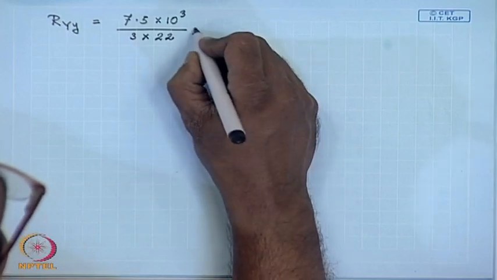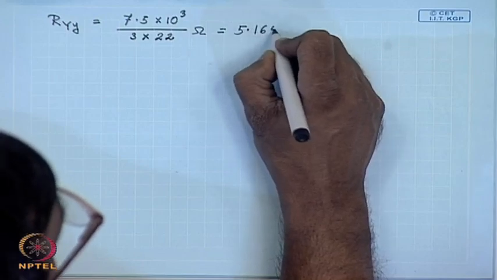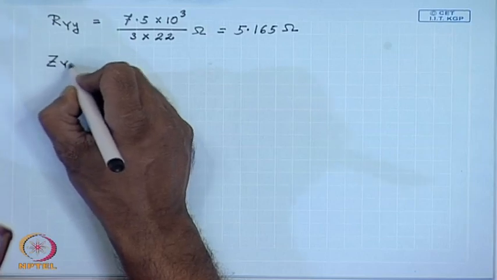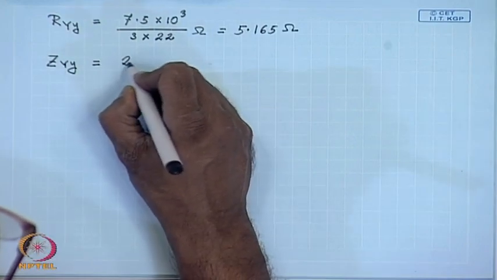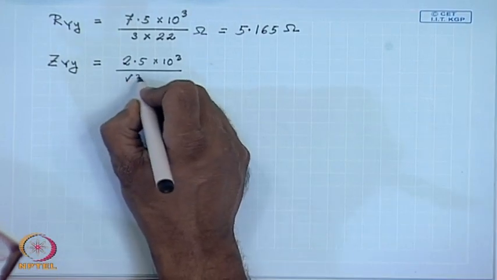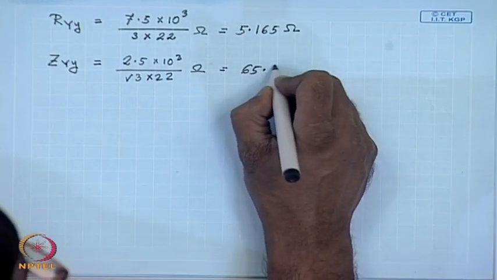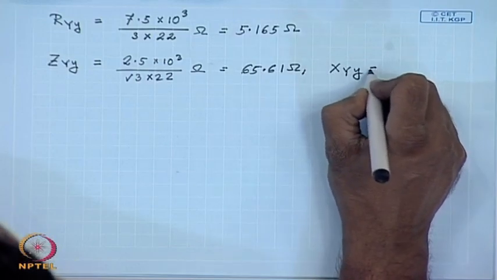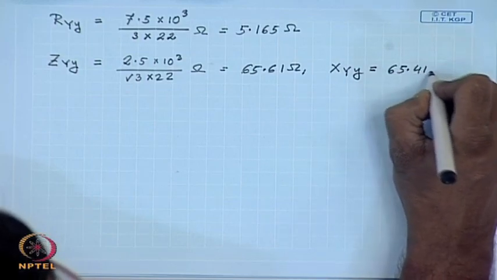This gives me a value of 5.165 ohm. By the similar argument, the impedance ZYY will be equal to 2.5 kV divided by root 3 into 22. This gives me 65.61 ohm. Hence, XYY equal to 65.41 ohm.